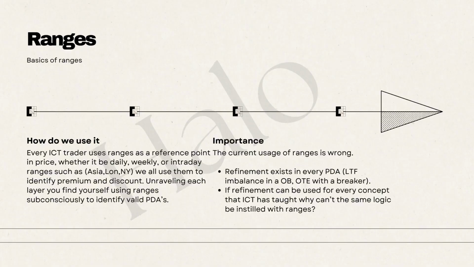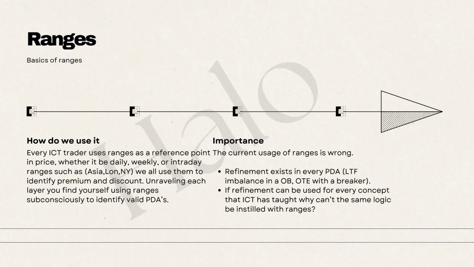So why is it wrong? Let me explain it. Refinement exists in every single PDRA: lower time frame imbalance in an OB, optimal trade entry within a breaker. If refinement can be used for every ICT concept that he's taught, why can't that same logic be instilled with ranges, right?